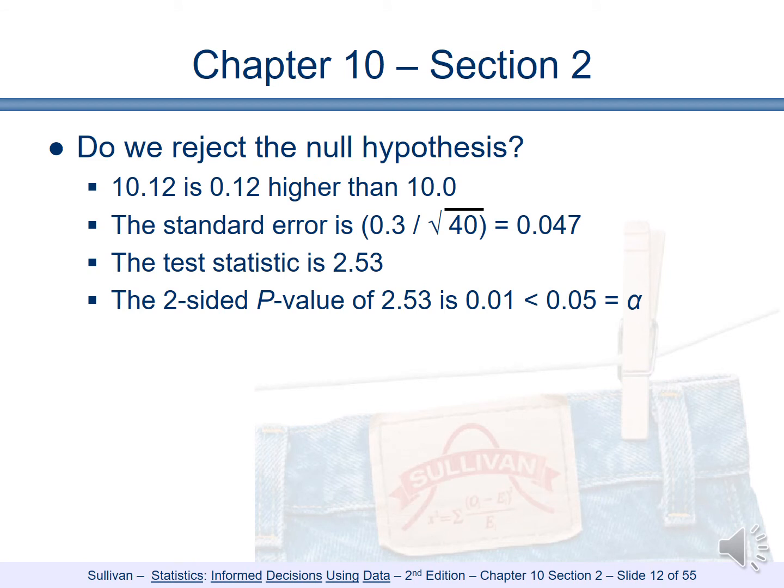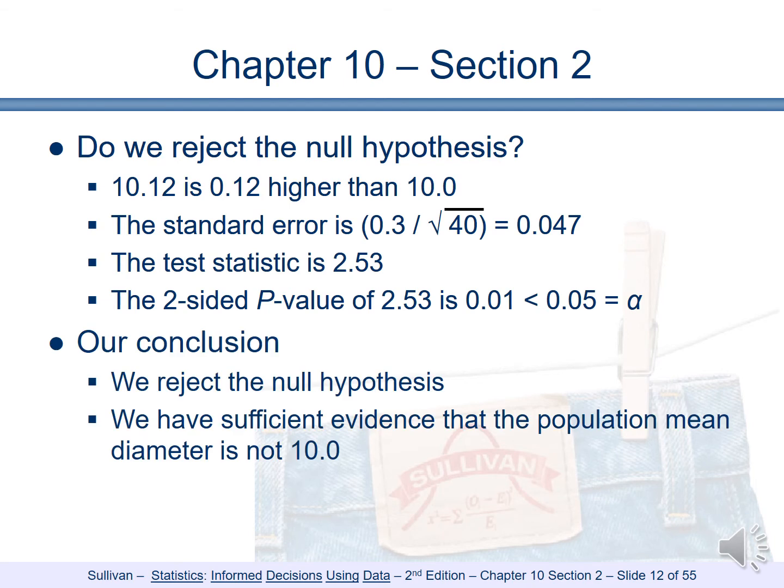We do our math. We get 2.53 for our test statistic. Then it's a two-sided p-value. So we look up our p-value, and it's 0.01, which is less than 0.05, which is our alpha value. So our conclusion is we reject the null hypothesis.